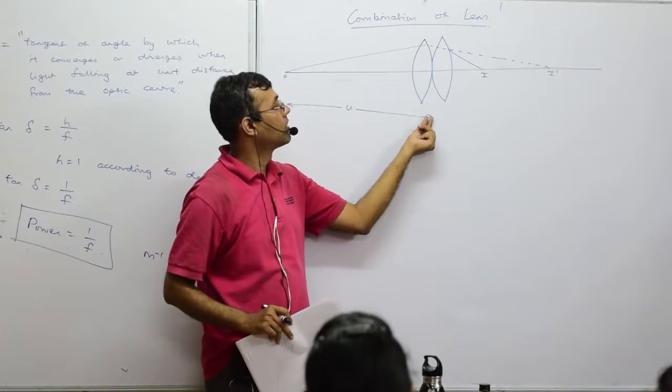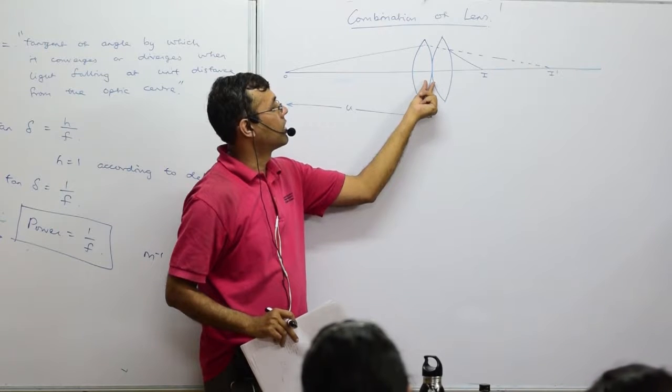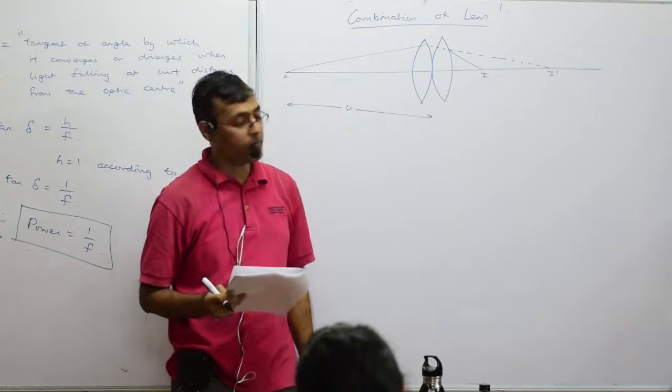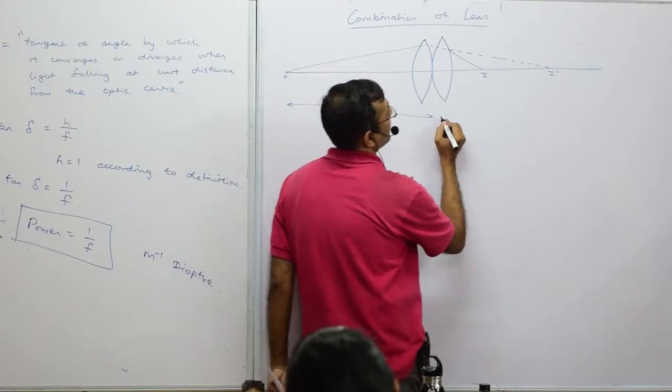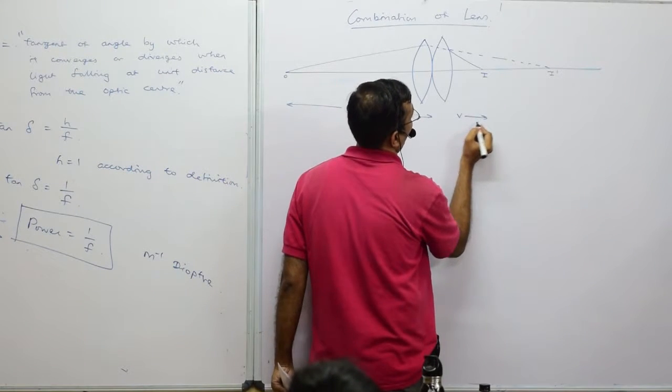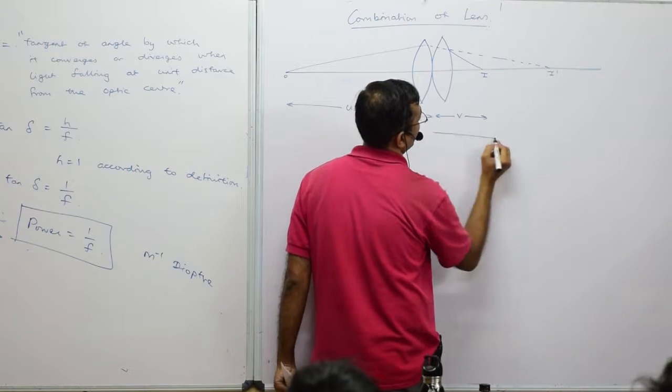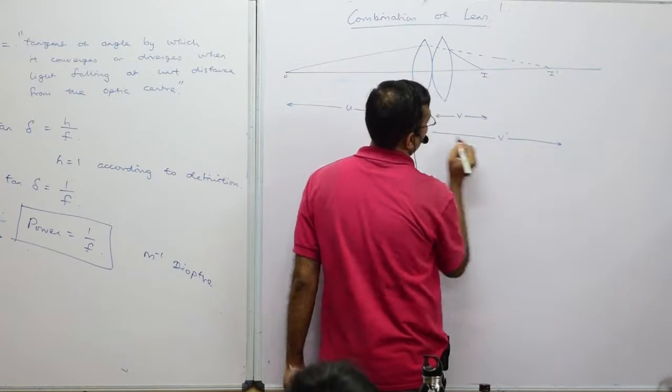It's kind of a very small distance. So from here to here, this is V, and from here to here we are going to call it V dash.